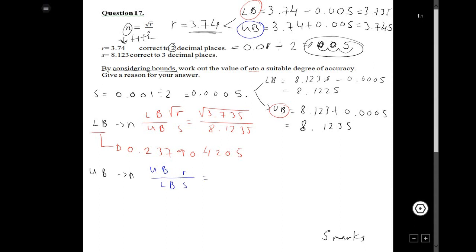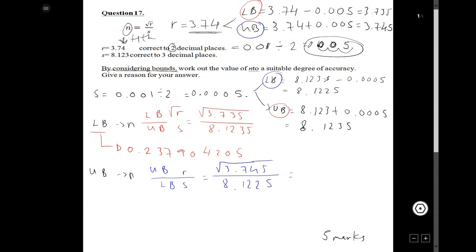And again, let me write this down. So I'm doing the upper bound, which is 3.745, over this one, the lower bound of s, which is 8.1225.